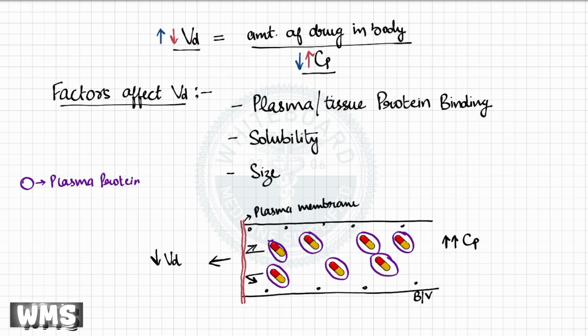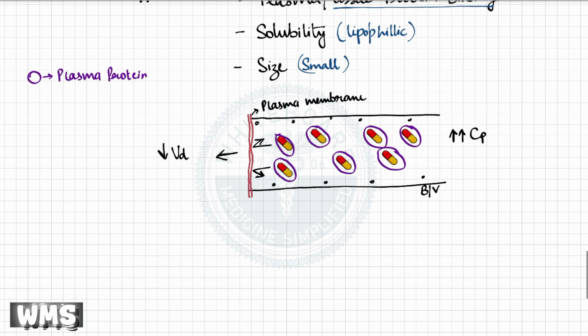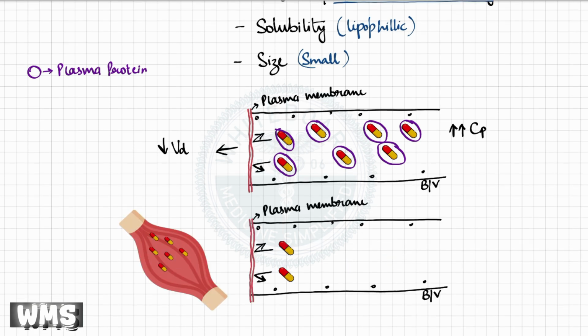In contrast, drugs with a high volume of distribution display the opposite characteristics. These drugs are more likely to be bound to tissue proteins, are lipophilic, and generally have a smaller molecular size. When a drug binds preferentially to tissue proteins, it naturally accumulates outside the plasma compartment.